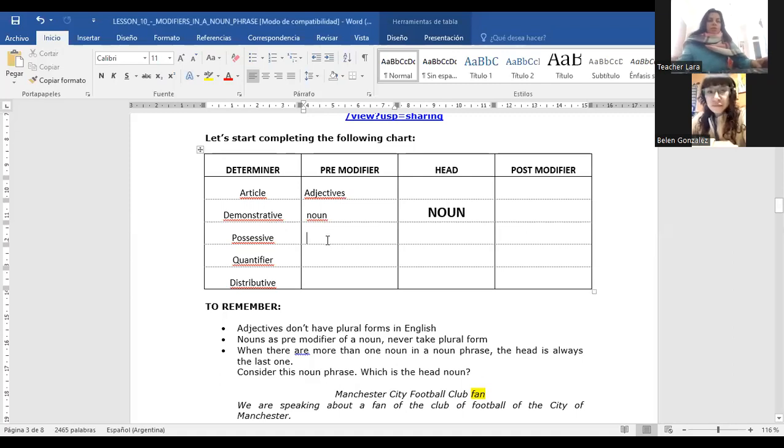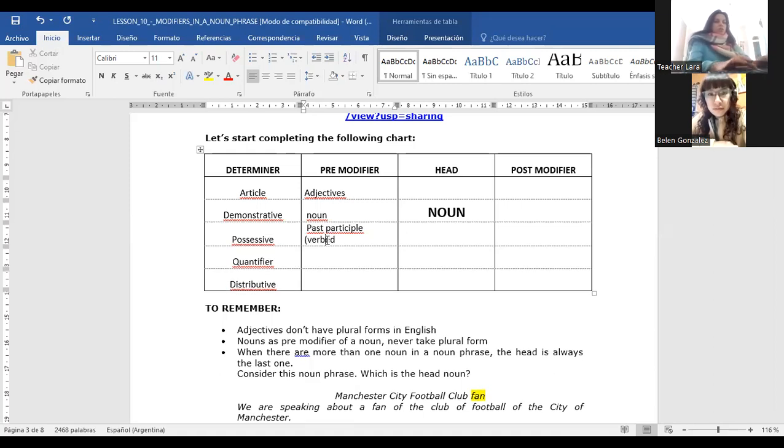We have adjectives. Now, what else? Oh, wait. Yes. I haven't shared with you the, okay, there. What's that? Past participle. Present participle? Yes, you remember gerund. This is the ed verb. Yes. Let's write yes. Verb. Or the irregular. Which column is that?